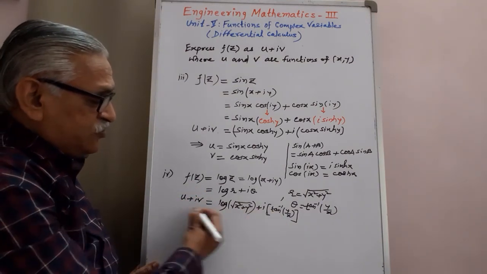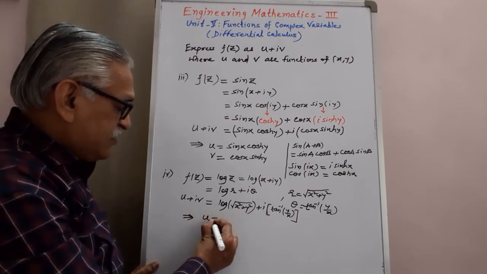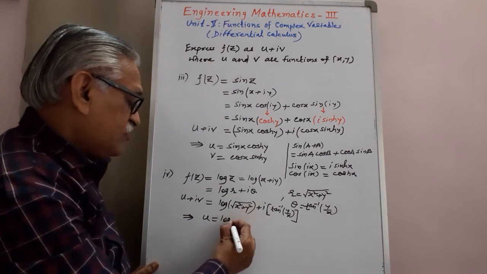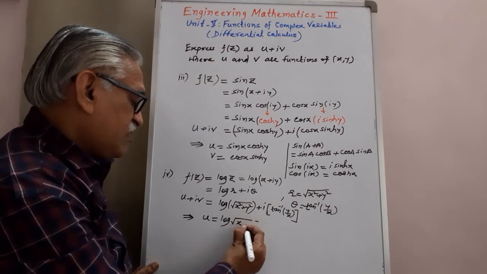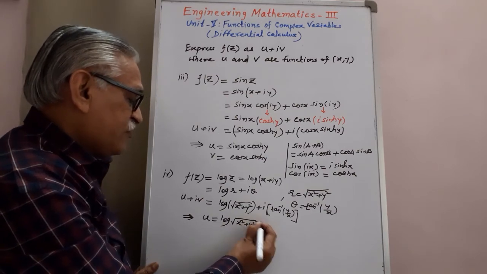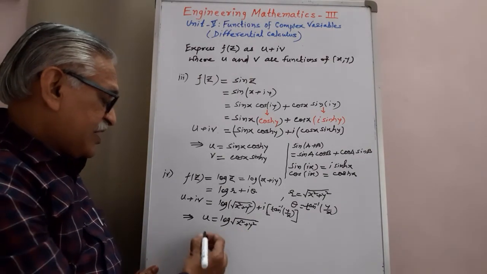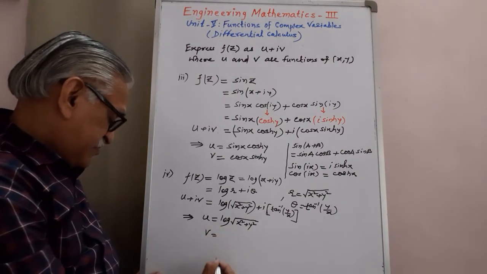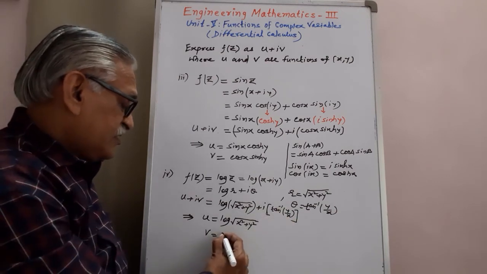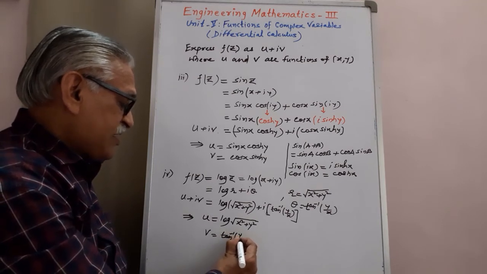Then comparing these two sides, we have the value of u as log of root of x square plus y square, again a function of x and y, and v, the imaginary part, as tan inverse of y by x.